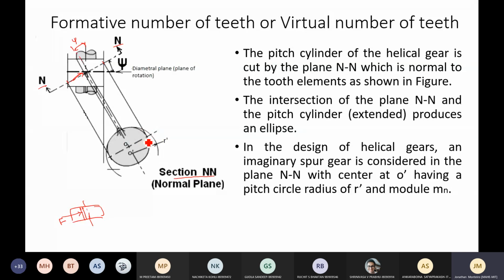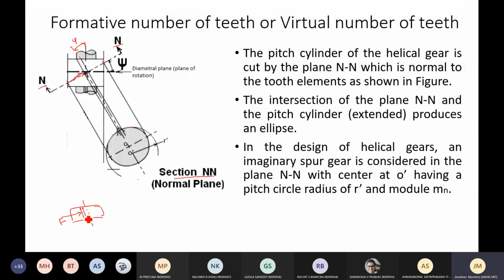Now this ellipse can be described as part of a bigger circle. What is that circle? Say you have taken one individual tooth and you are going to project that as a spur gear. I'm just taking this part, and this outer circle I'm going to project as a continuous circle, as a spur gear would do.